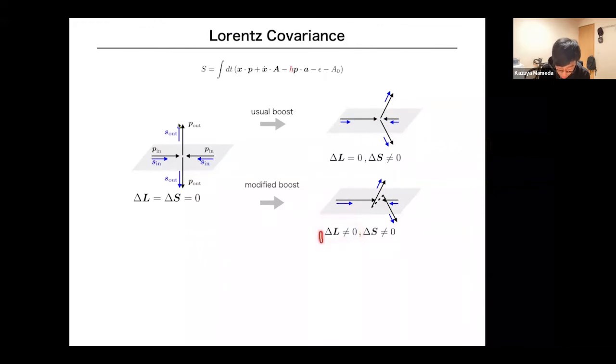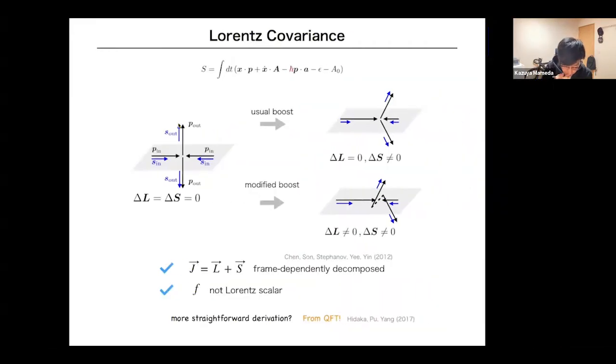So in order to get this finite contribution from the orbital part, we need some shift of the position of the particle. So the desired situation is this one. This is a very special property of the chiral kinetic theory.